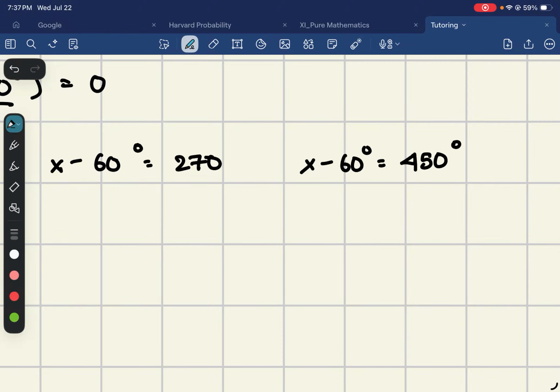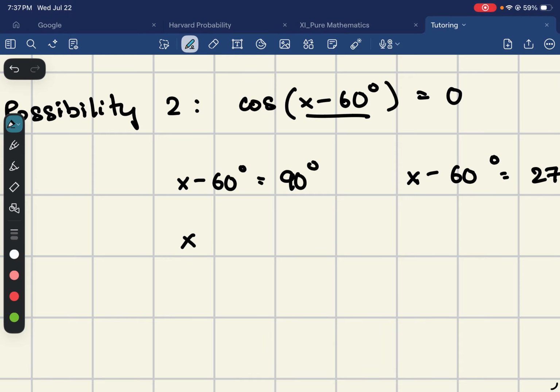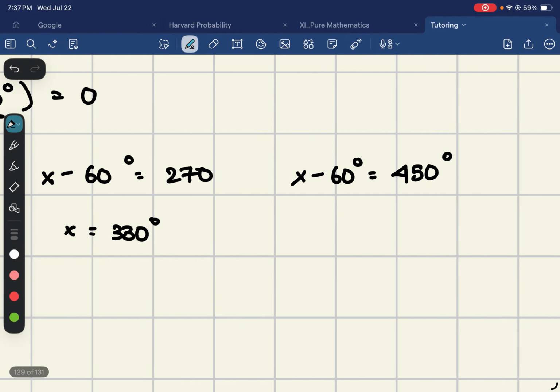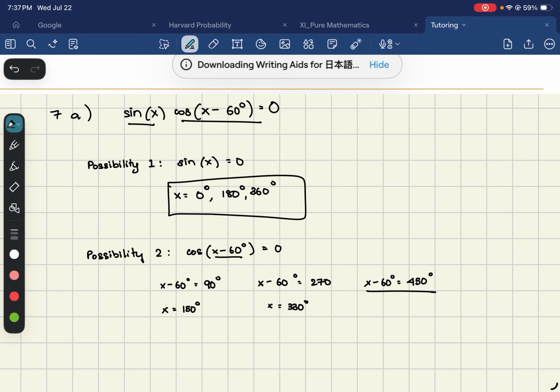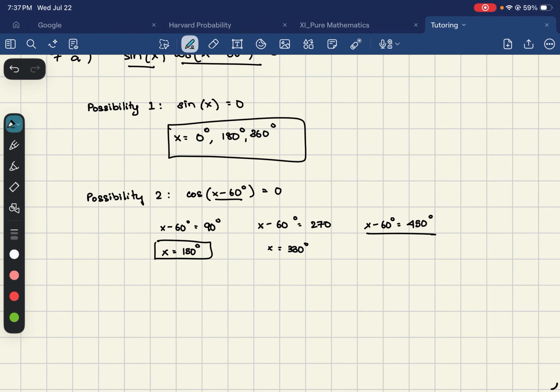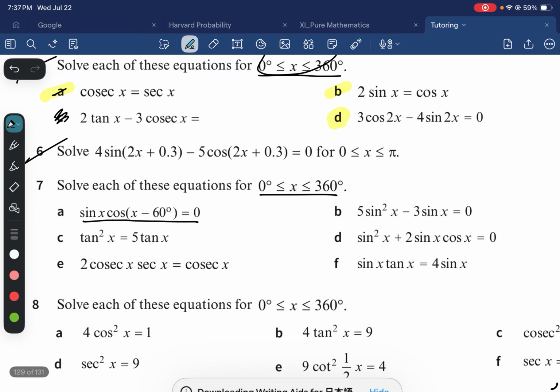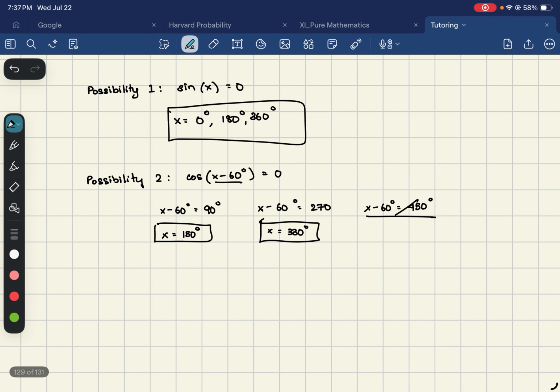All right. So now, x can be 150 degrees, right? X can be 330 degrees. And if you solve for x here, you are going to see that it's going to be much greater than 360. So we're just going to exclude this one. So you have 5 answers.